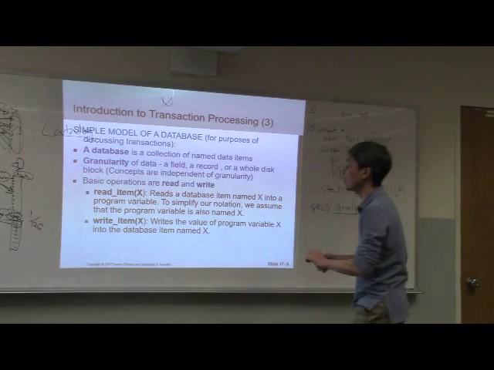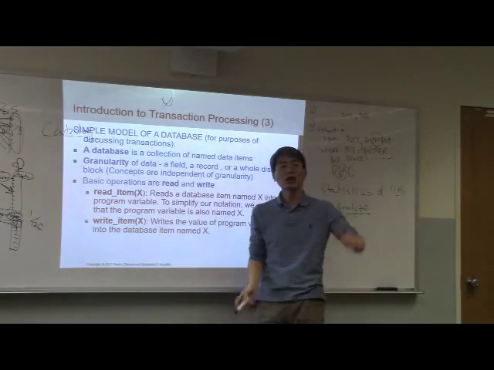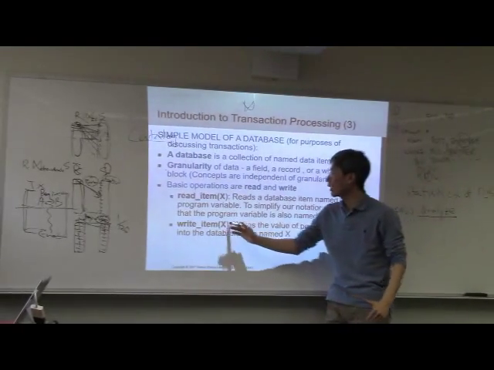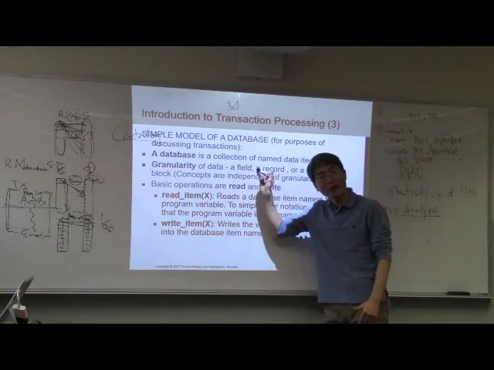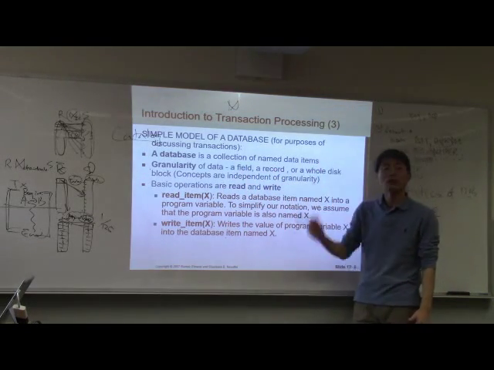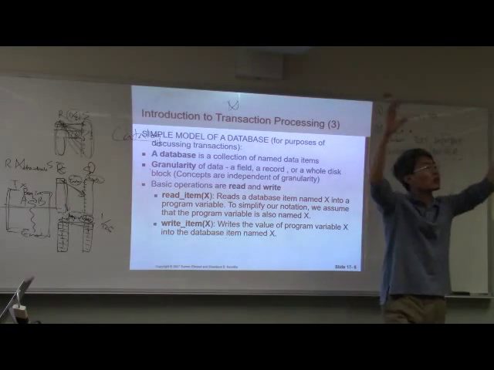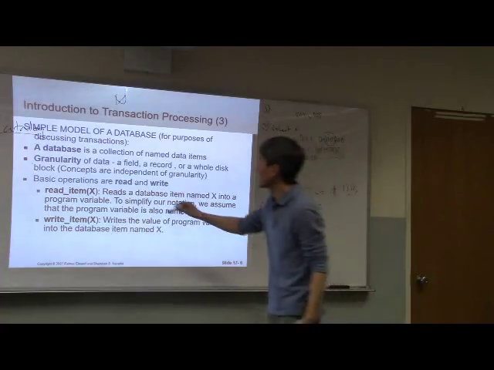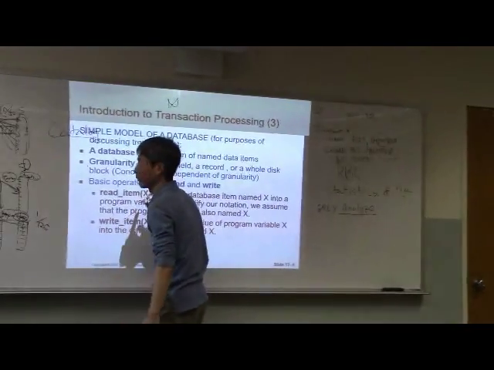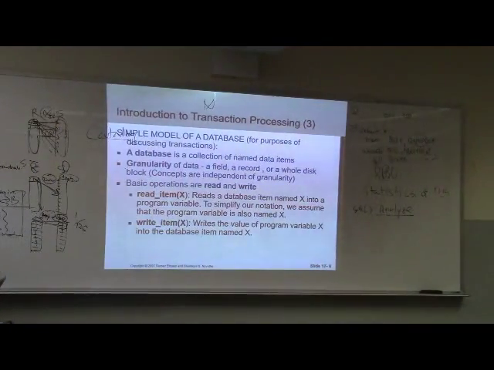So depending on the data item, you can read or write the data of a specific column, or the entire record, or the entire table, or sometimes the entire database. For this granularity, you can read and write the data.